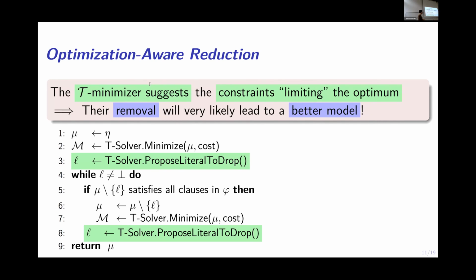We check if they can be safely removed, so the partial truth assignment still satisfies all the clauses of the formula. If so, we remove them, we invoke the minimizer again, and then iterate this loop until we analyze all the literals, or we don't have any more meaningful literals to drop.